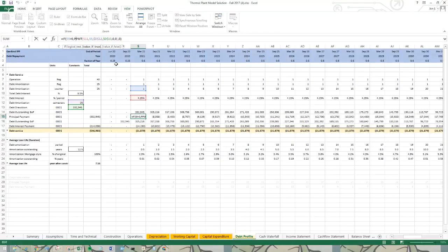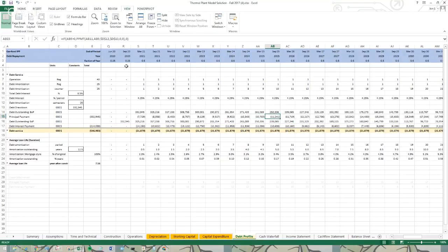You guys can go online and figure out how to use the exact function, but you take your periodic interest rate and whatever period you're in, then the total number of periods, and then the present value, which is the loan. The future value is 0, which means it's paid off, and the type is 0, and then you get this periodic payment. So it's just like a financial calculator.